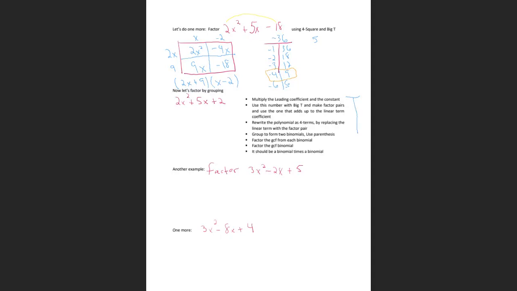To get big T though, notice how there's a coefficient. We got to multiply that leading coefficient to the constant to start with. So 2 times 2 is going to be this 4. Now remember with big T, I have to add up to get that linear term, which is going to be that 5. So I need to get a 5 here as well.